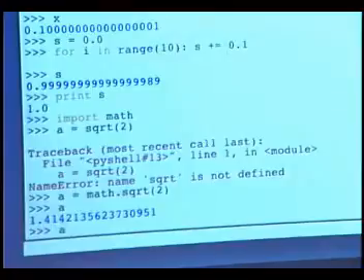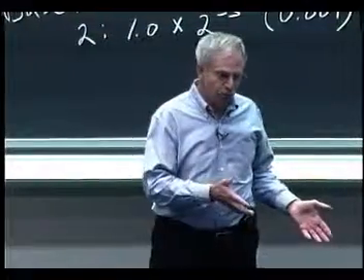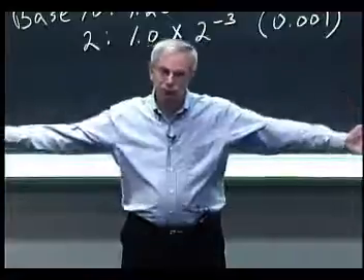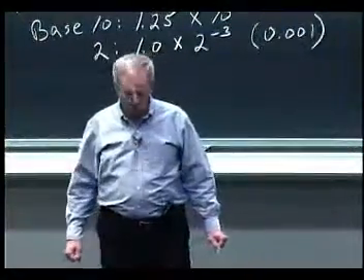Now here's the interesting question. Suppose I ask about the Boolean a times a equals 2. Now, in my heart, I think if I've taken the square root of a number and then multiplied it by itself, I should get the original number back. After all, that's the meaning of square root.